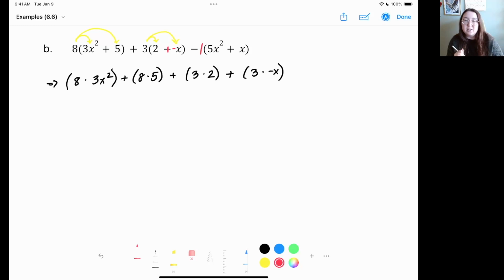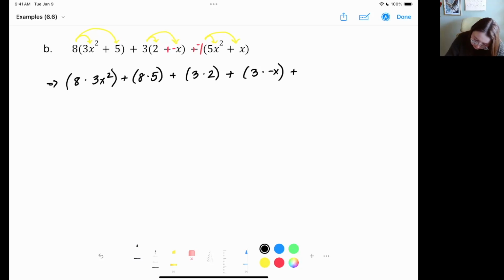It doesn't look like there's a number in front of our group, 5x squared plus x, so really it means 1. And it's a minus 1, which is really the same as plus negative. So the coefficient of our group, 5x squared plus x, is really negative 1. So we're going to distribute our negative 1 into our group.